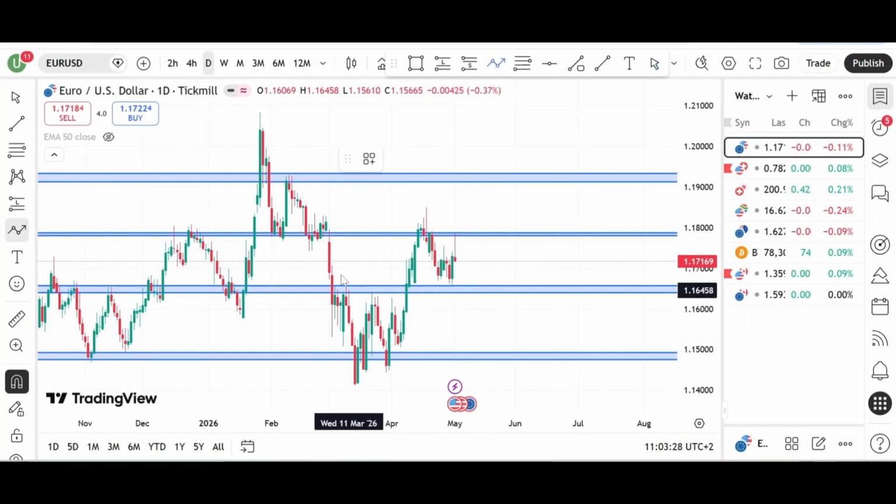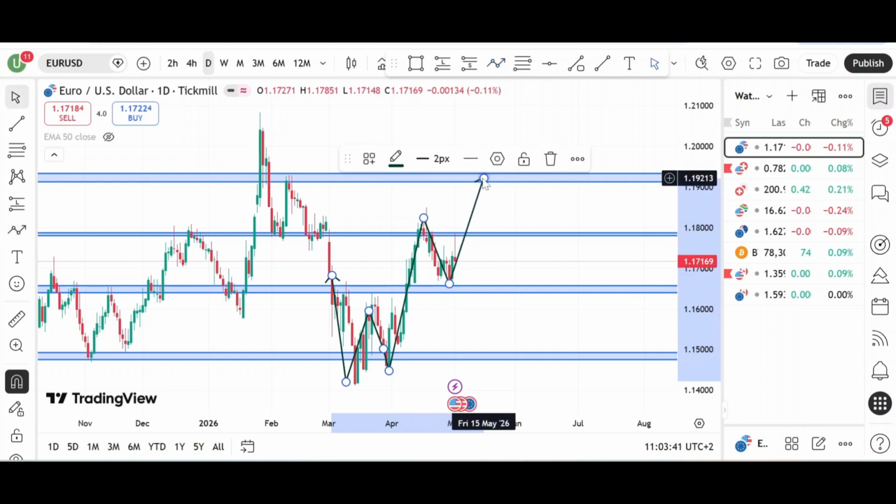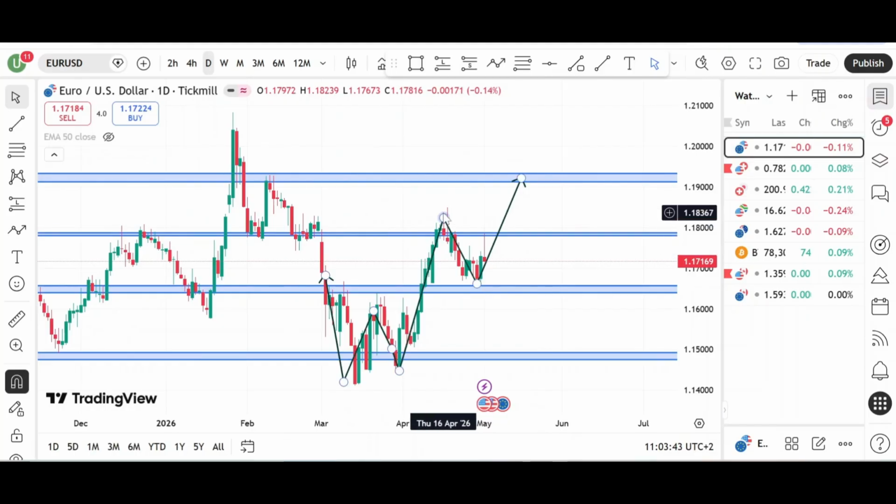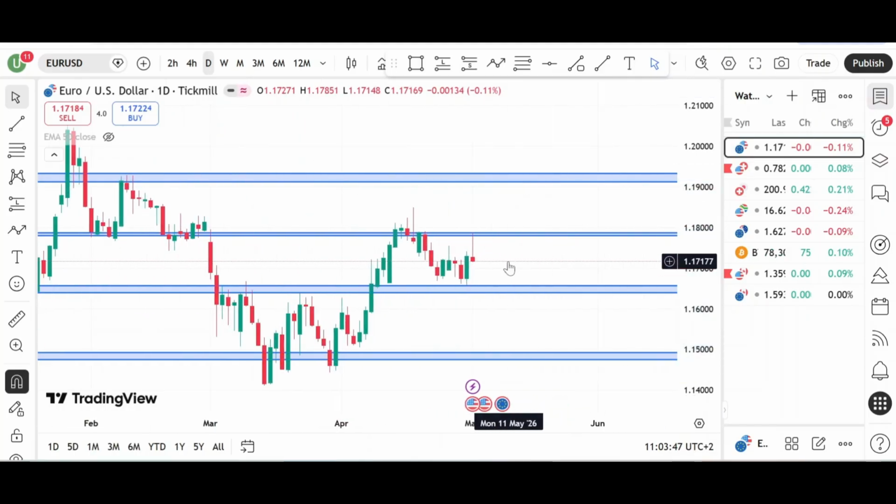We have initially been seeing a double bottom here, a break of structure to create a higher high, and a retest to create a higher low here. We can expect the continuation in an uptrend. But we are seeing bearish momentum here.